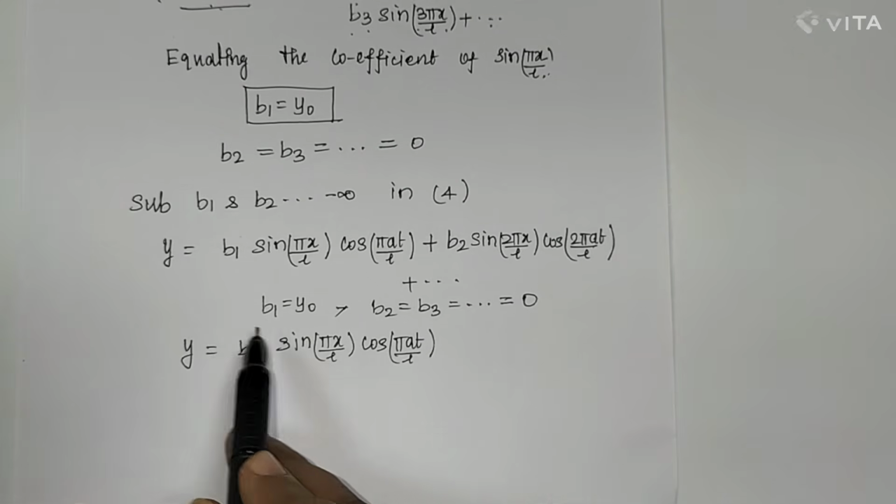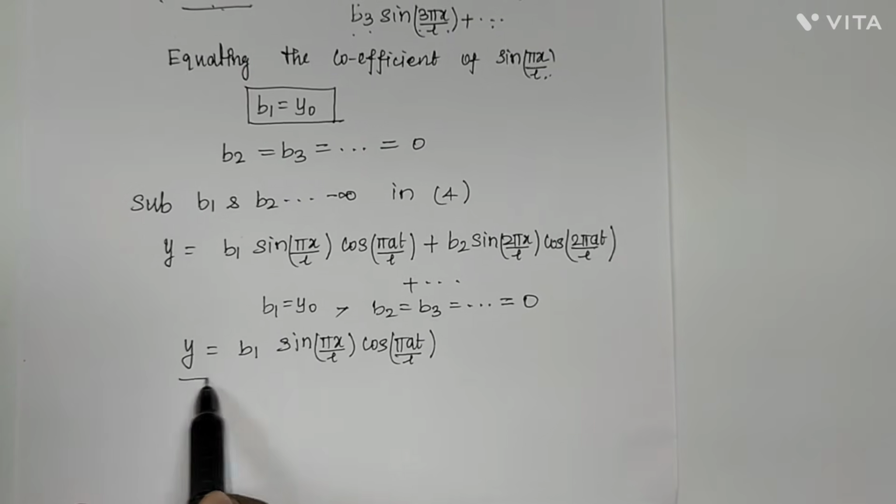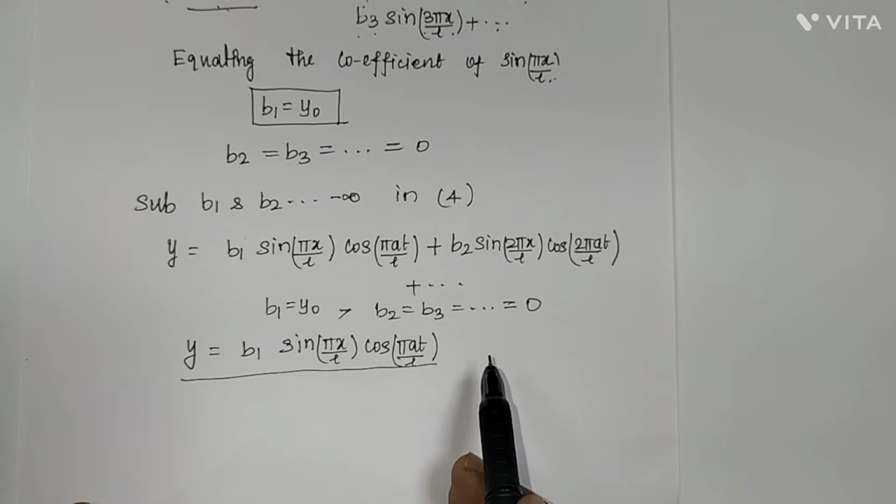So substituting b1 equal to y naught, you get the final answer y equal to y naught sin(pi x by L) cos(pi at by L).